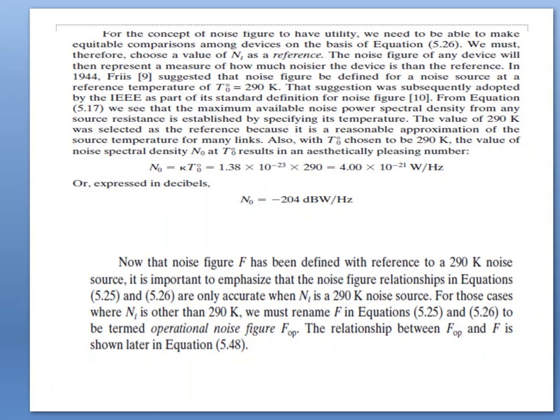For those cases where Ni is other than 290 degrees Kelvin, we must rename F in equations 5.25 and 5.26 as the operational noise figure, that is F op. The relationship between F op and F is shown in the next part.